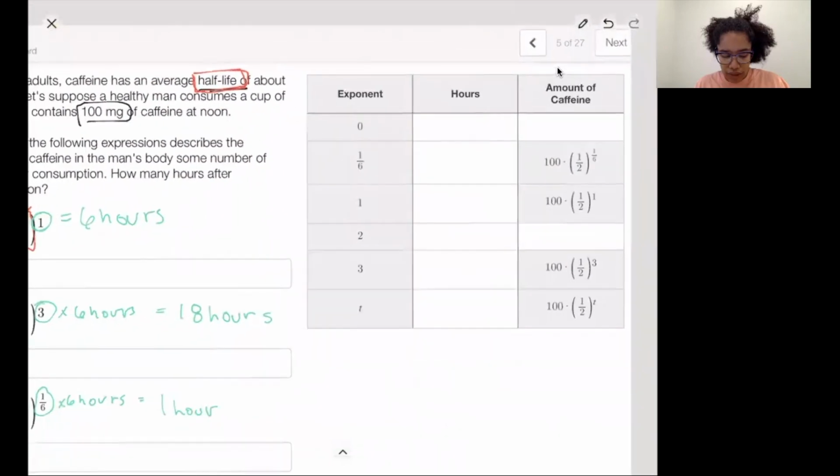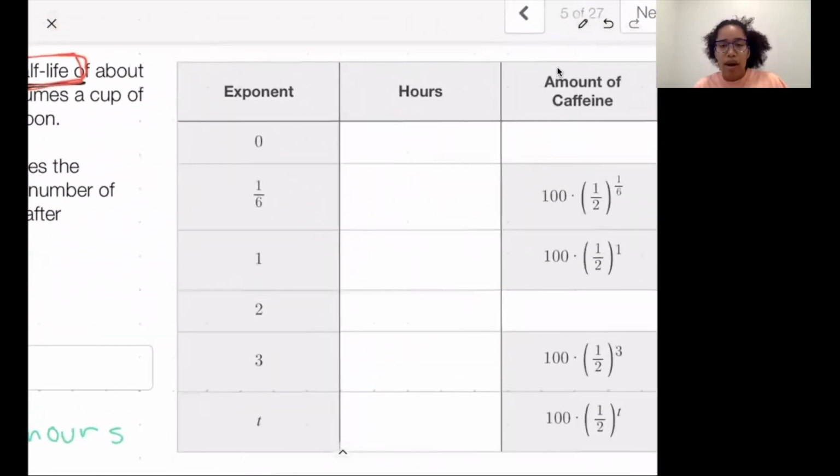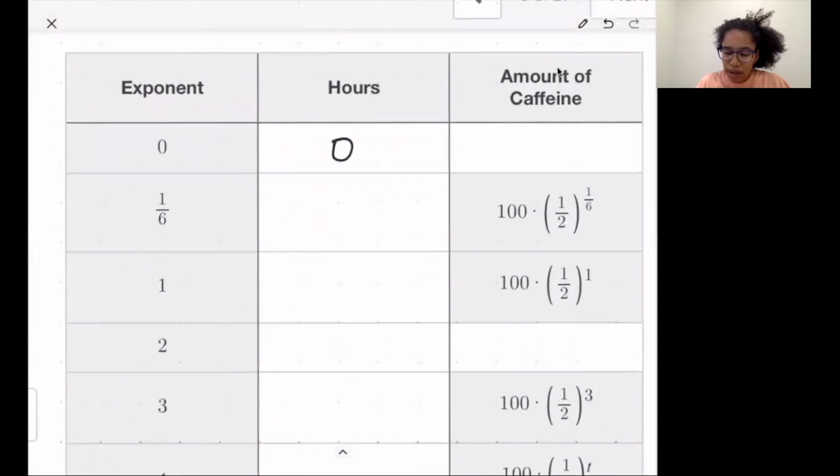So if this expression had an exponent of 0, how many hours would that be representing? Well, how many hours are in one time period? We said 6 hours are in one time period. But if we have 0 time periods yet, there's 0 hours. So how much caffeine?